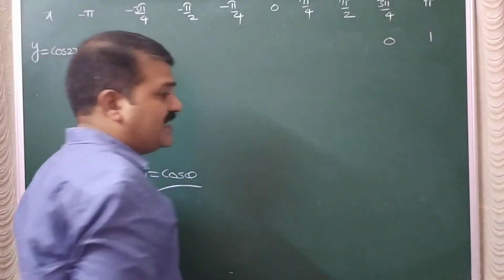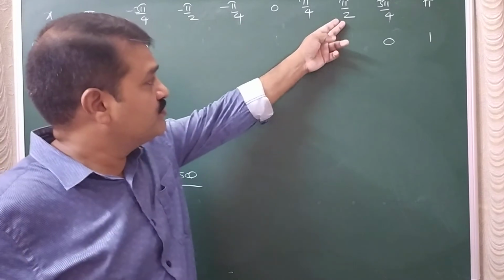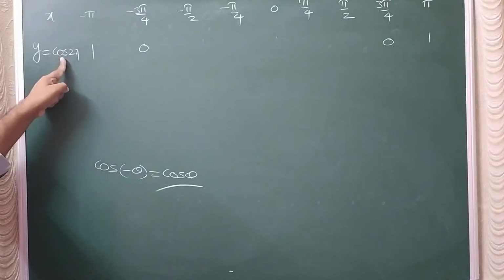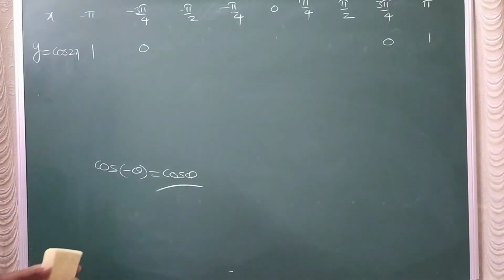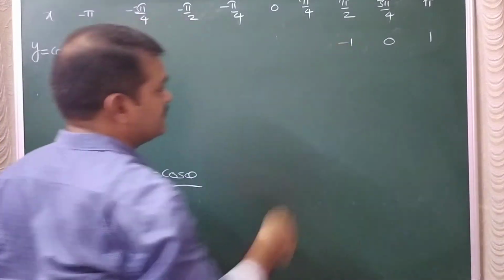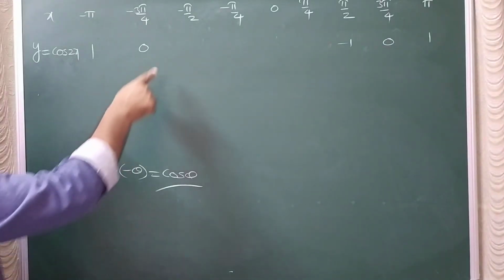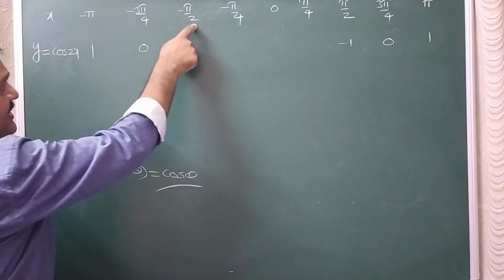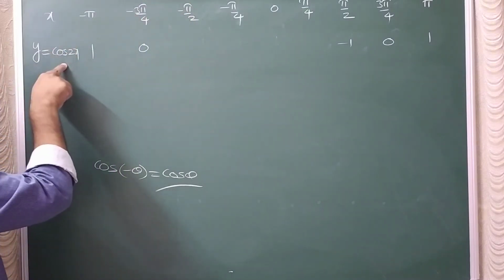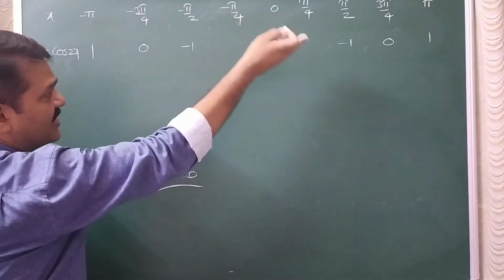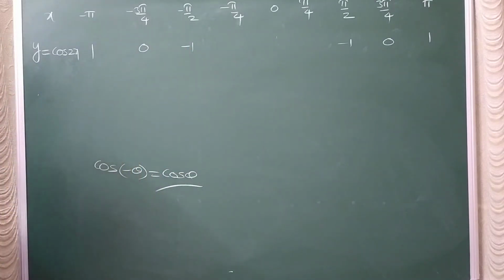So when x is taken as pi by 2, this becomes cos pi, and cos pi is minus 1. The same you will get for this also. So when you put minus pi by 2 here, you will get cos of minus pi, which is same as cos pi, minus 1.